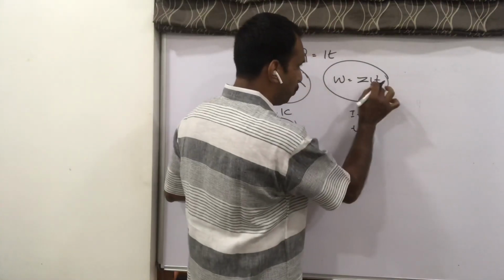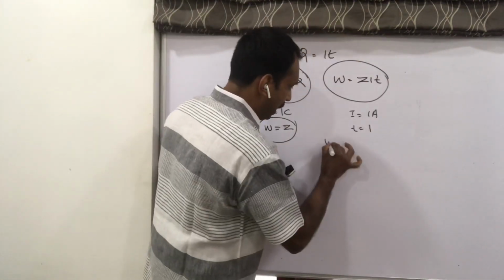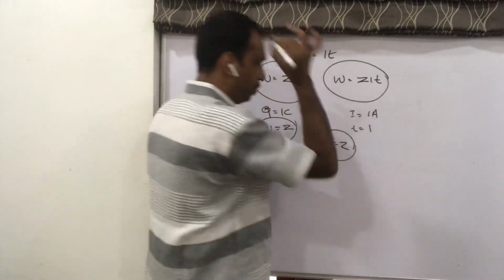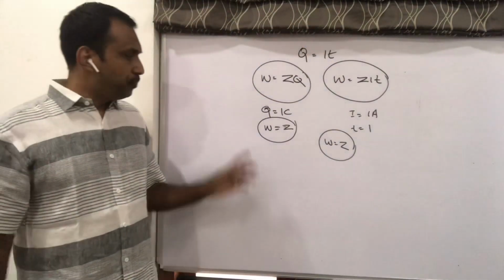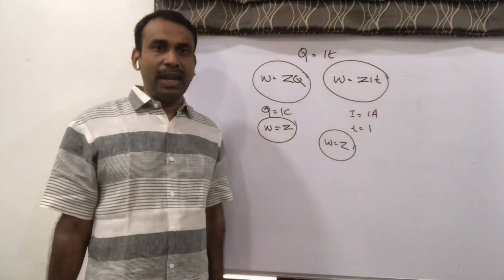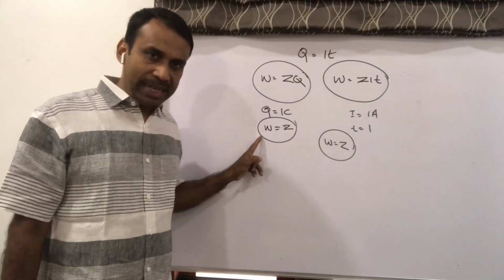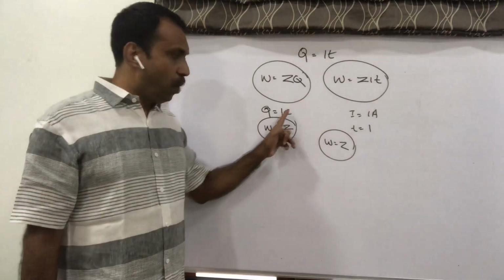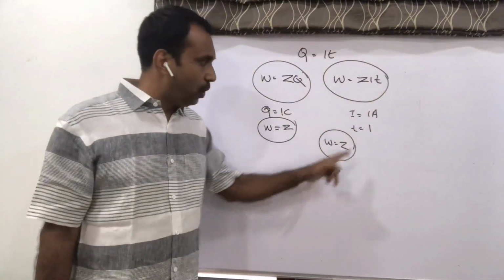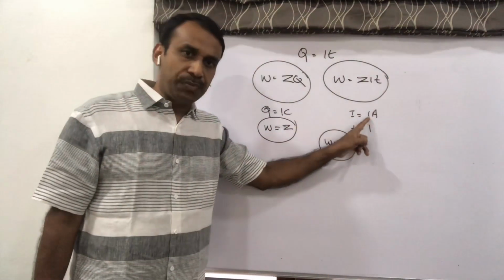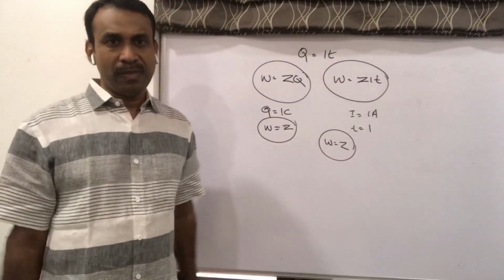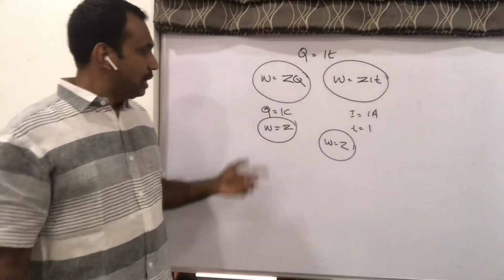Substituting these two values here, finally we get W equal to Z. From this we can define electrochemical equivalent as the mass of substance obtained by passing 1 coulomb of charge or 1 ampere current for 1 second. I shall repeat.